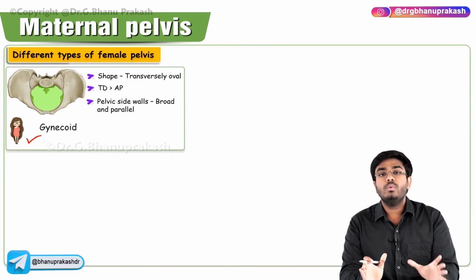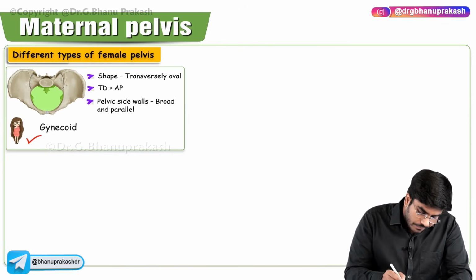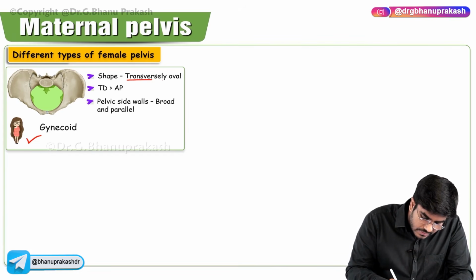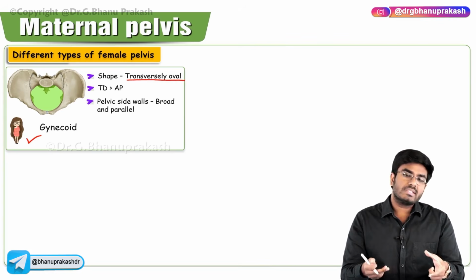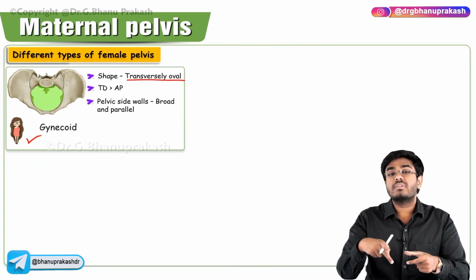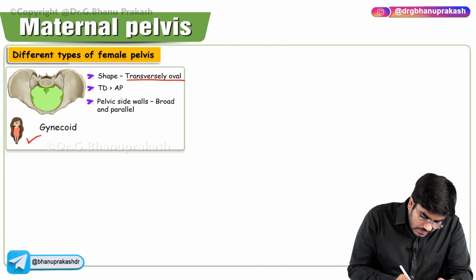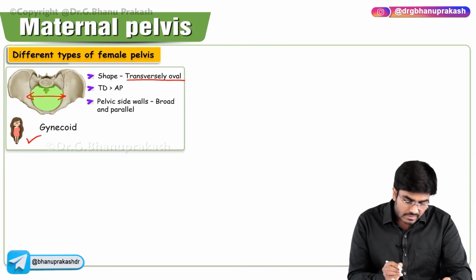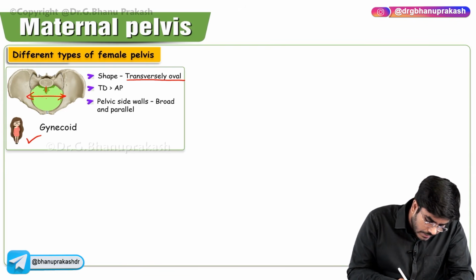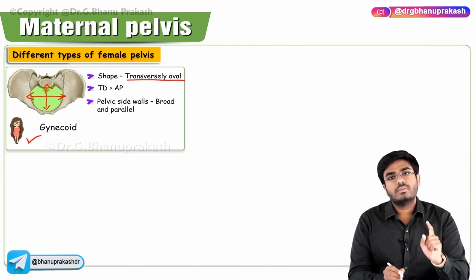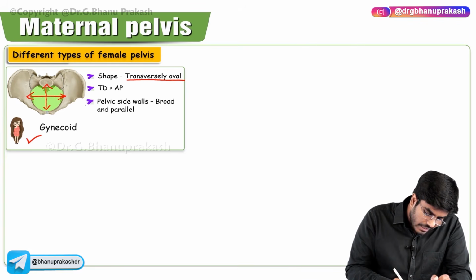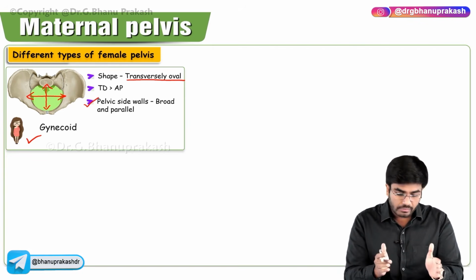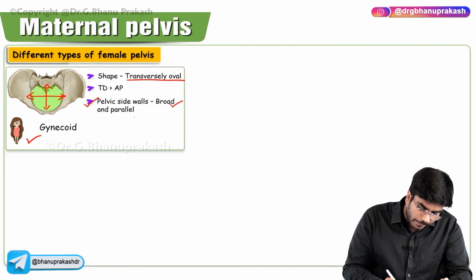I have already said to you, in females, the shape of the inlet is transversely oval. We have already discussed that at the level of inlet, transverse diameters are greater than antero-posterior diameters. The pelvic side walls, in order to facilitate delivery, are broad and parallel.